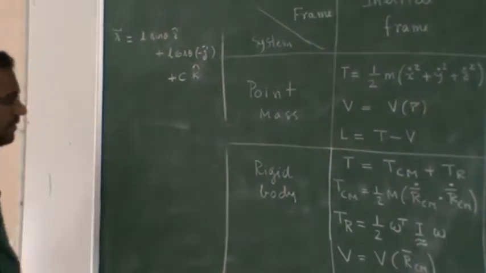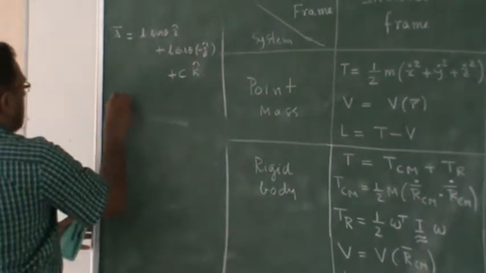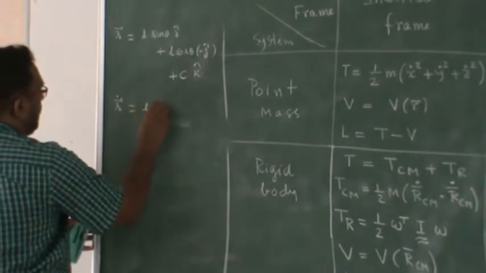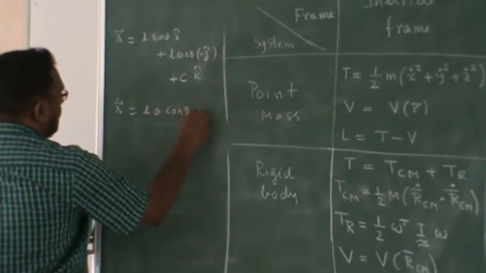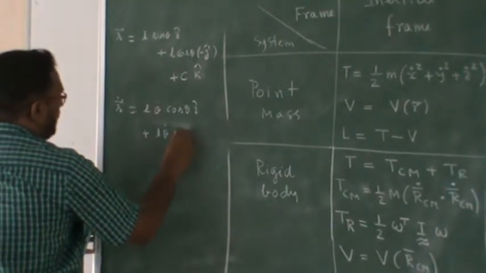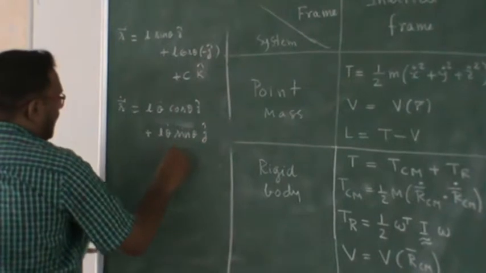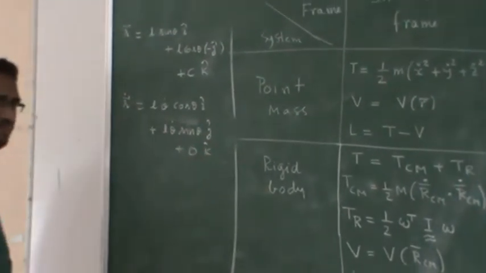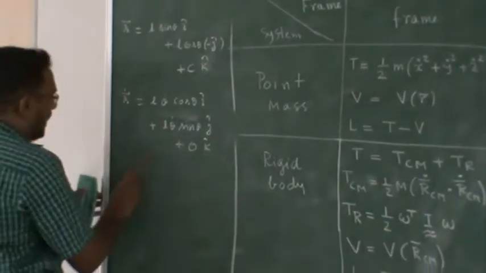This is the position vector. So the velocity is L theta dot cos theta i plus L theta dot sin theta j and 0 times k.